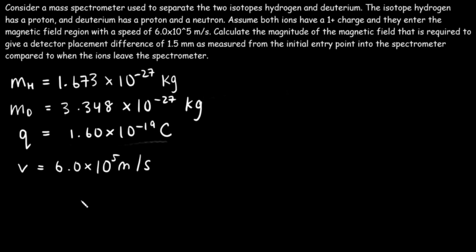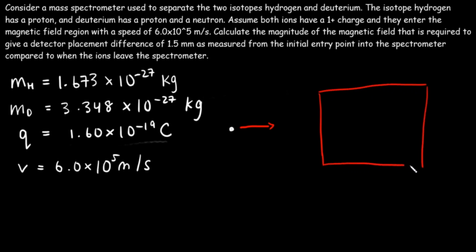Now, I'm going to draw a diagram first so you know what's going on. Say this is hydrogen and deuterium. It's going in this direction, traveling to the right, and going into a magnetic field. The magnetic field can either be into the page or out of the page. It doesn't matter in this question, but let's just say it is into the page so that we can draw the direction of the isotope.